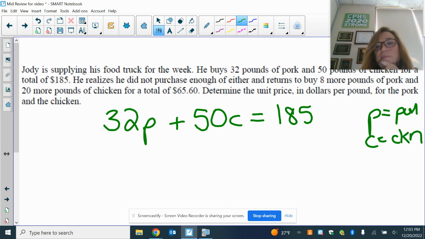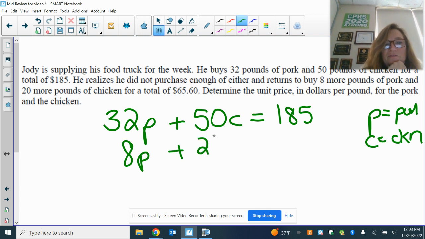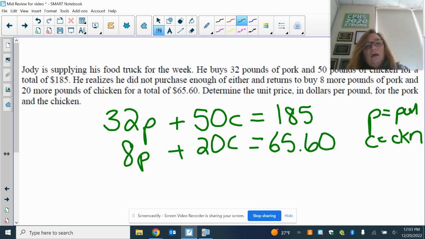He realizes he didn't purchase enough of either and returns to buy 8 more pounds of pork and 20 more pounds of chicken for $65.60. All right, read it. Write it. Read it again. 32P, 50C, $185. 8P, 20C, 65.60. Yep, that's right.